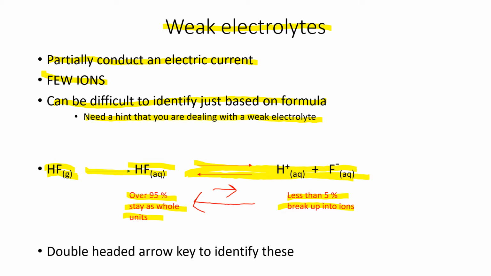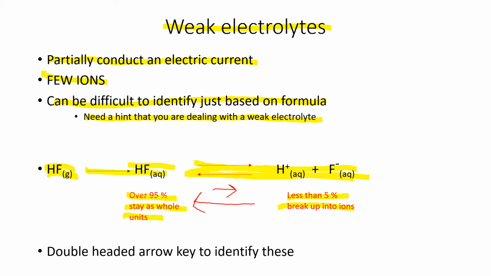You really only have 3 ways of identifying these. One is if you're just outright told, hey, this molecule is a weak electrolyte. That'd be the first way. The second way is if they use words to describe it, like, this one will partially break up into ions, or this will only produce a few ions.